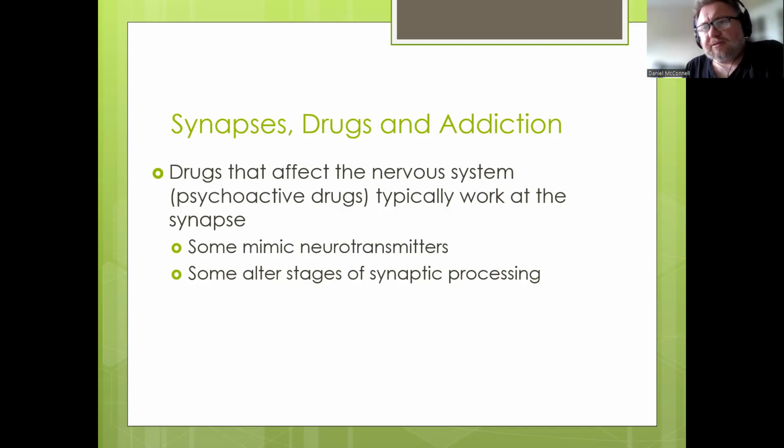In other cases, drugs don't necessarily mimic a neurotransmitter, but they may influence other aspects of the synapse. Drugs can change a metabolic process in a neuron that could either increase or decrease the amount of neurotransmitter that it produces. Take the serotonin drugs, for example. The classic antidepressants are called SSRIs, selective serotonin reuptake inhibitors.